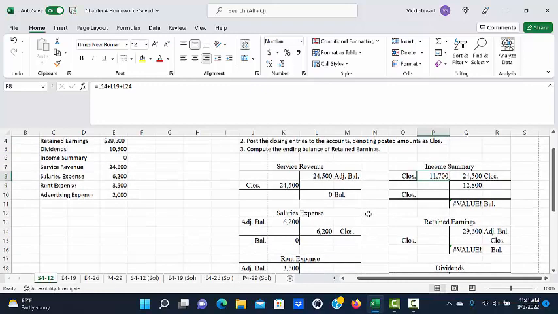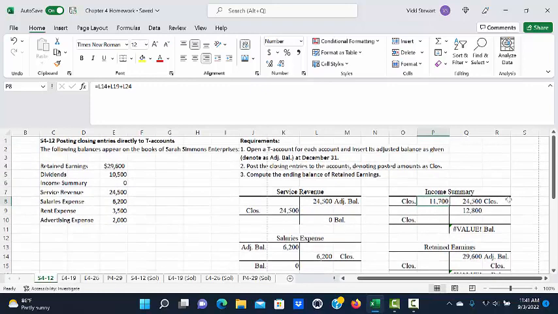Those are credit entries, so we would debit income summary for the total $11,700, and then we get a new balance in income summary. Since our revenues were greater than our expenses, income summary now has a credit balance of $12,800, which is actually the amount of net income.